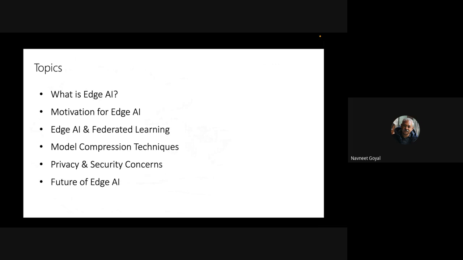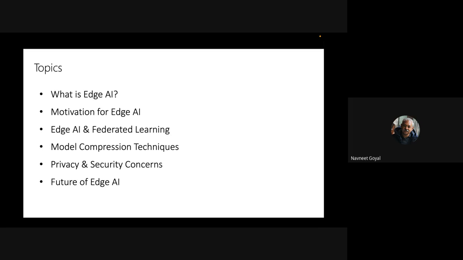We'll begin with what is Edge AI and the motivation for Edge AI. There is also a comparison that we can make with federated learning, and there are a lot of similarities as well as differences.